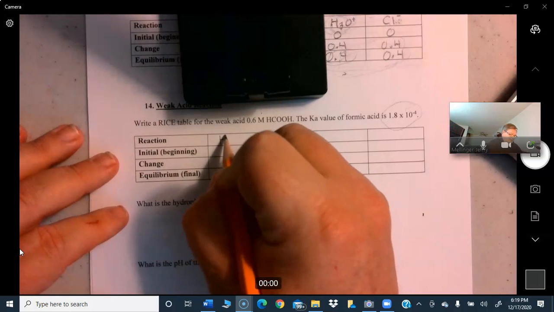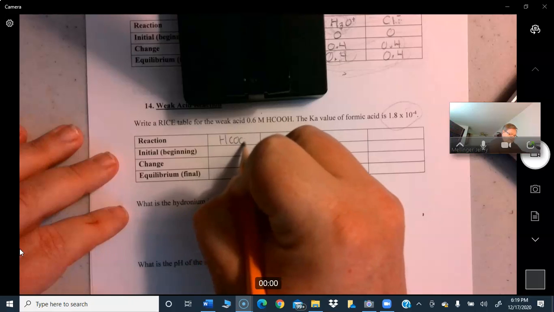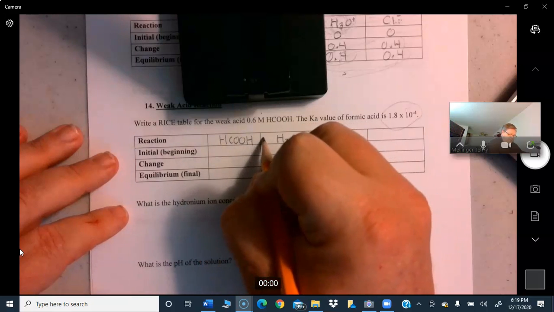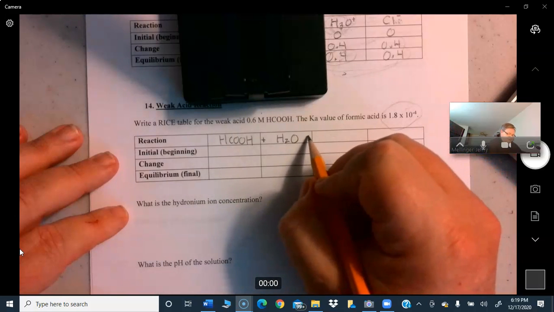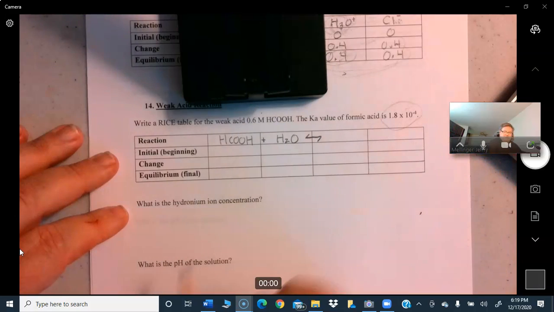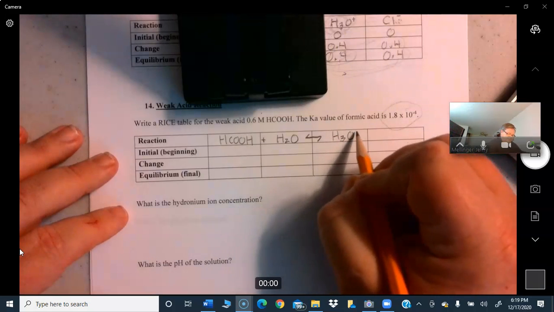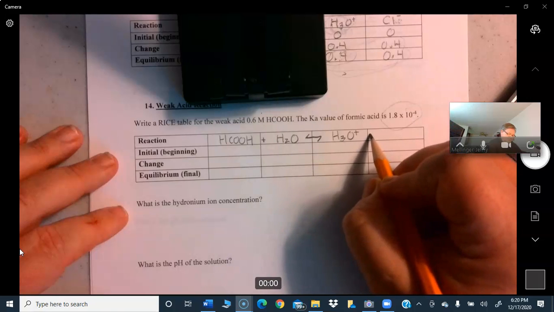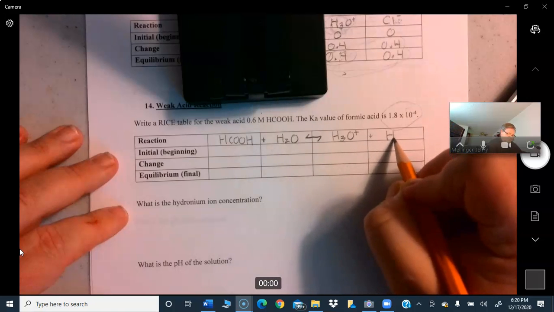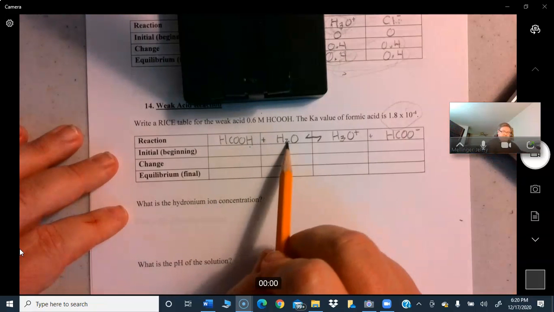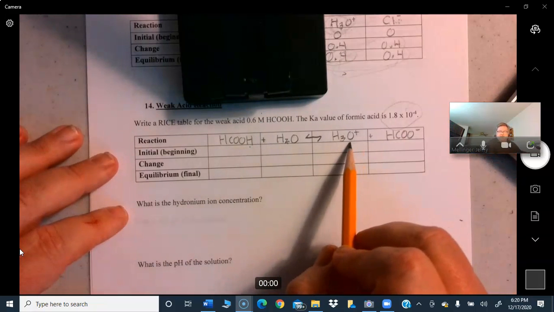So it looks like this. We wrote this on the previous page. And if you want to write the plus sign, you can do that. Now this is a two-way reaction, so you can draw a double arrow. Okay, so this hydrogen jumped onto the water molecule to become a hydronium ion.